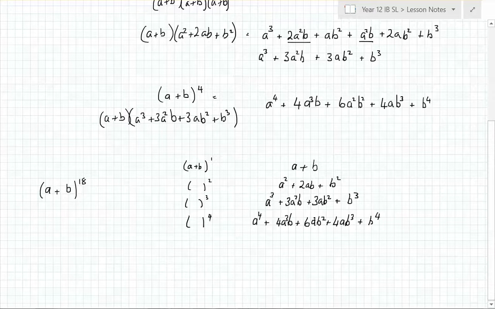There are two parts to this that we can separate to help us work out another one. So, for instance, if I wanted to go to the next one, a plus b to the power of 5, but without having to do the expansion, without having to draw the brackets, multiply out, collect the like terms, I want to go straight there.